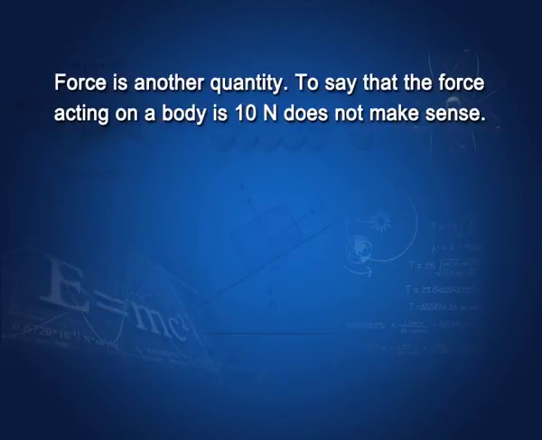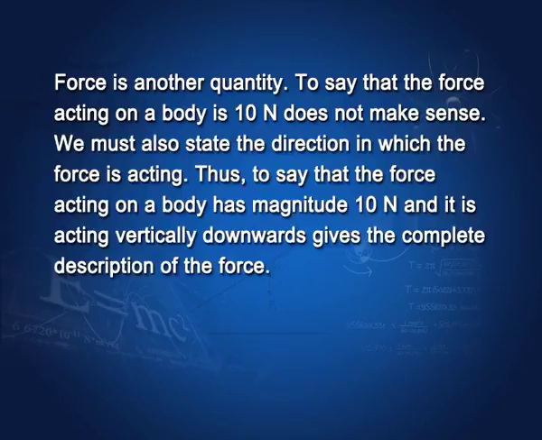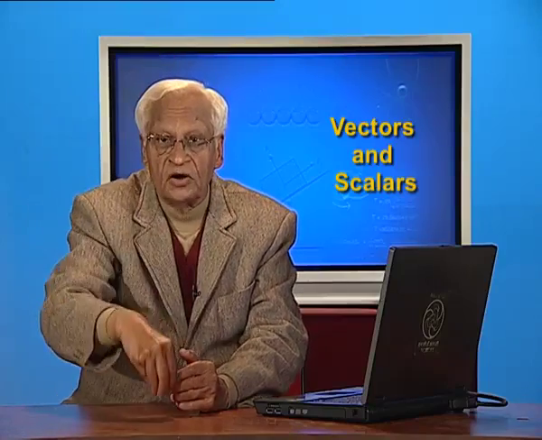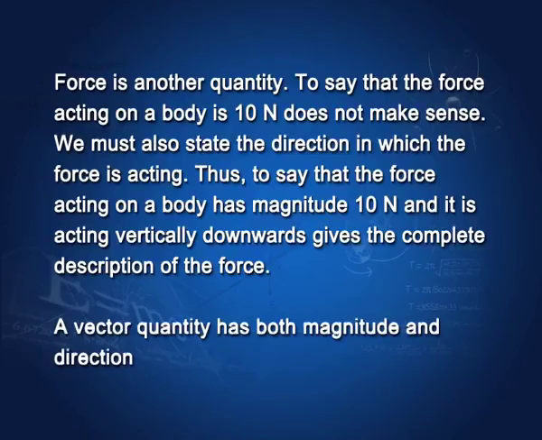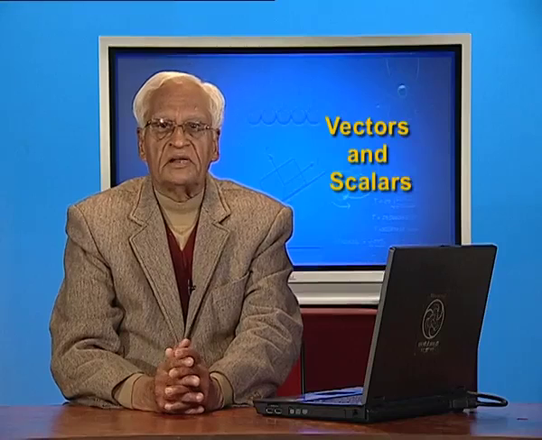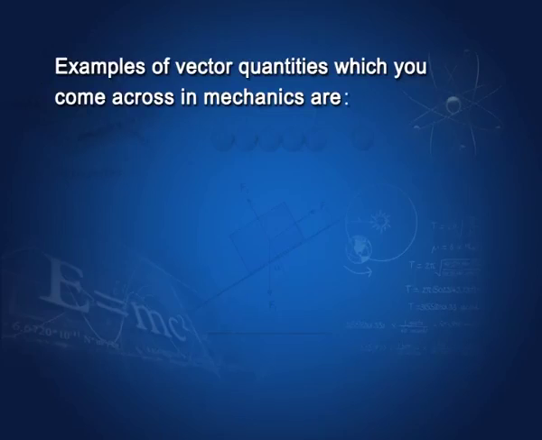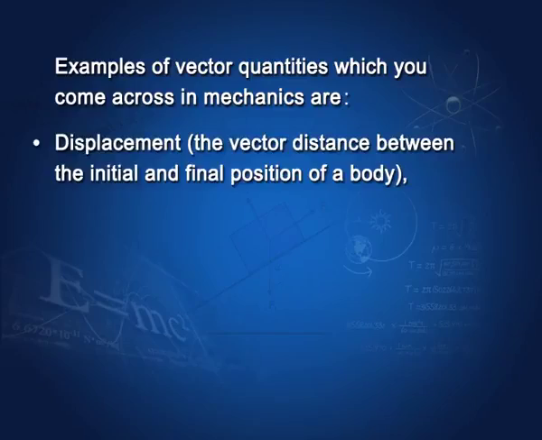Force is another quantity. To say that the force acting on a body is 10 newtons does not make sense. We must also state the direction in which the force is acting. Thus, to say that the force acting on a body has magnitude 10 newton and it is acting vertically downwards gives a complete description of the force. So, to sum up, a vector quantity has both magnitude and direction. Some examples of vector quantities which you come across in mechanics are displacement.